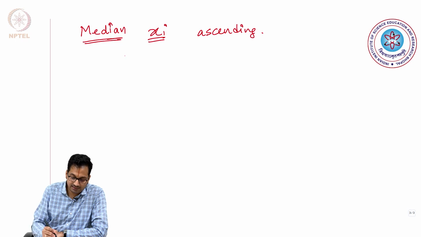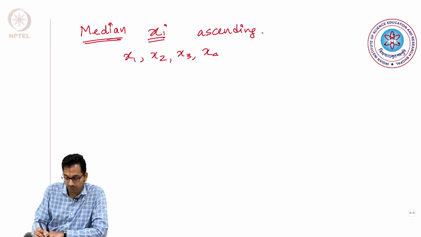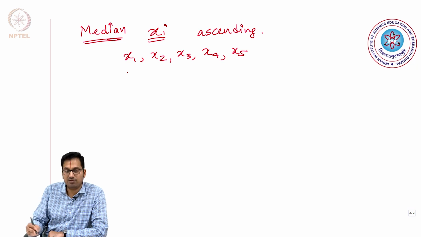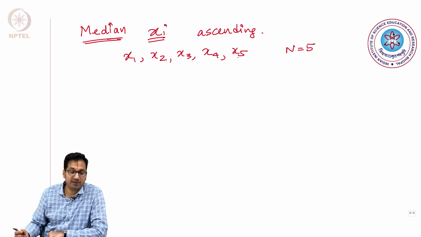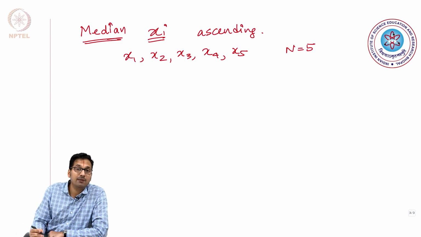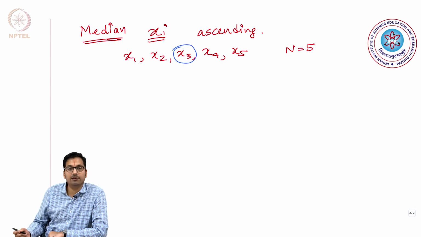For instance, let's say you have numbers x1, x2, x3, x4 and x5, and these are your 5 data sets. So here capital N is set to 5, and you have been able to make 5 such measurements. Here the median will be the number that comes in the middle.